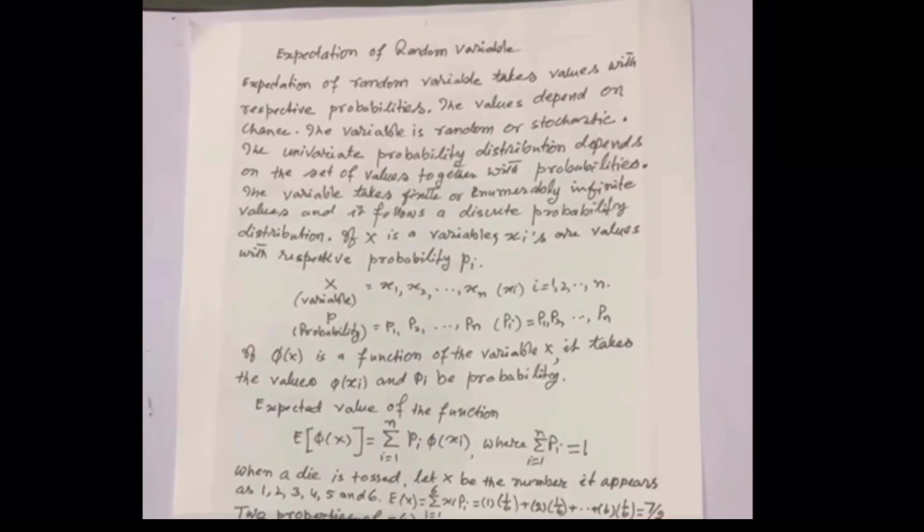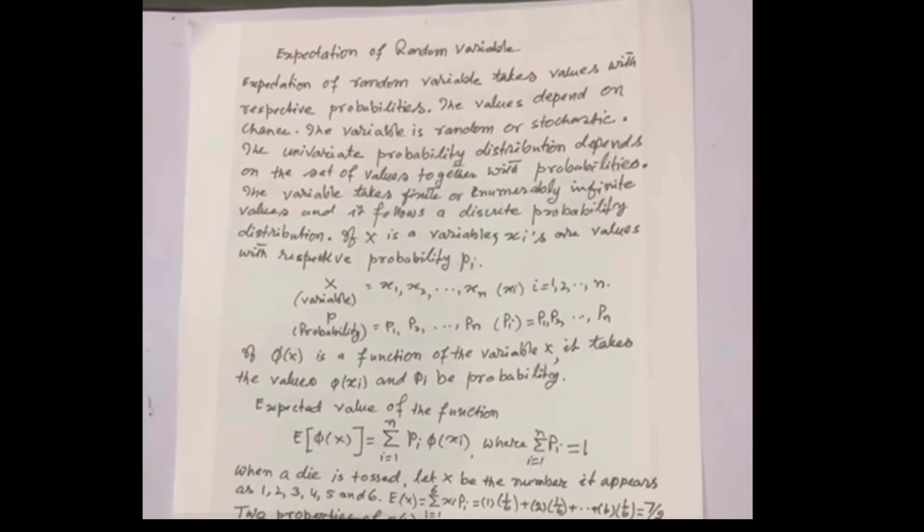The univariate probability distribution depends on the set of values together with probabilities. The variable takes finite or enumerably infinite values, and it follows a discrete probability distribution. So it will be clear when we discuss an example.